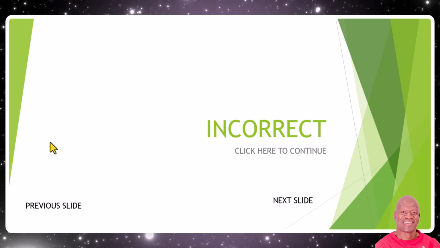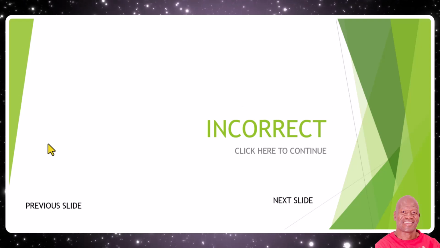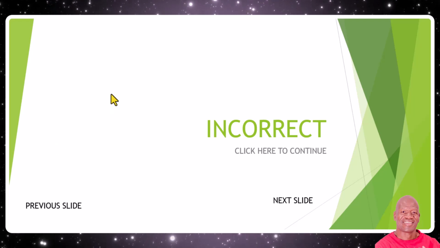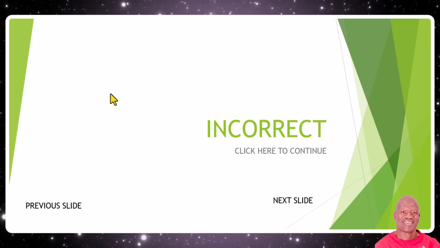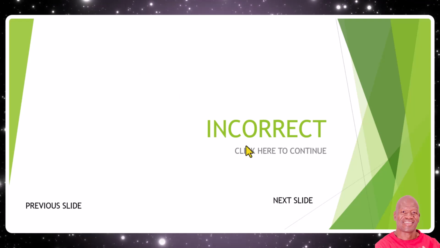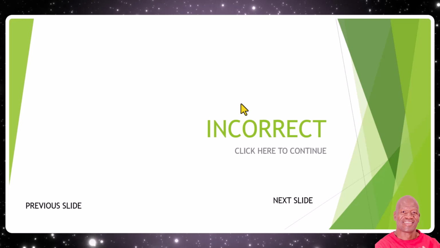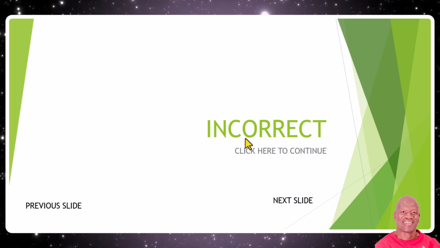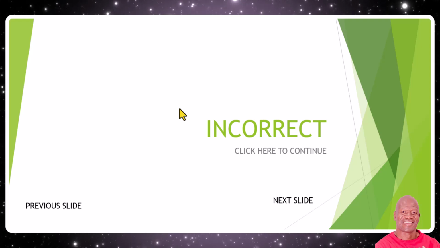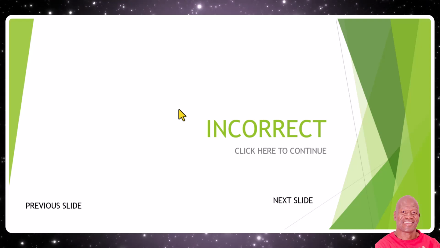So basically this is how you can create an assessment in PowerPoint whereby you hyperlink the slides, in the sense that all the incorrect answers are linked to the slide with the word incorrect. Then those that are correct, they will be linked to the slide with the word correct.